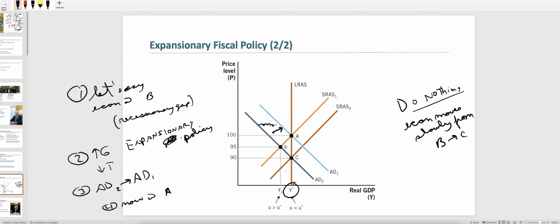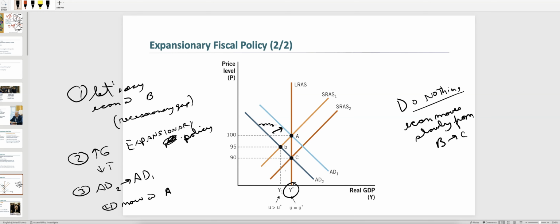This is a perfect way to look at 2020 with COVID. COVID pushed the economy pretty quickly and pretty swiftly into a recession. That would be point B. And we fixed it incredibly fast by flooding the market with a lot of money, a lot of spending.